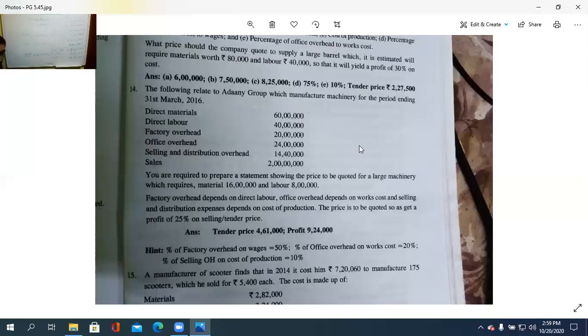So what they are telling is that the price is to be quoted so as to get a profit of 25% on selling or tender price. Selling or tender price is 25%, and our cost price is 75%.